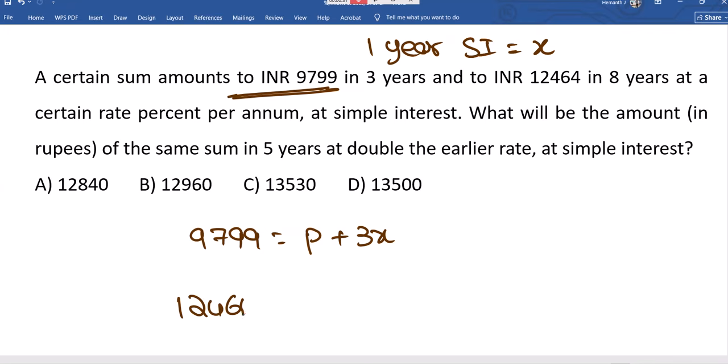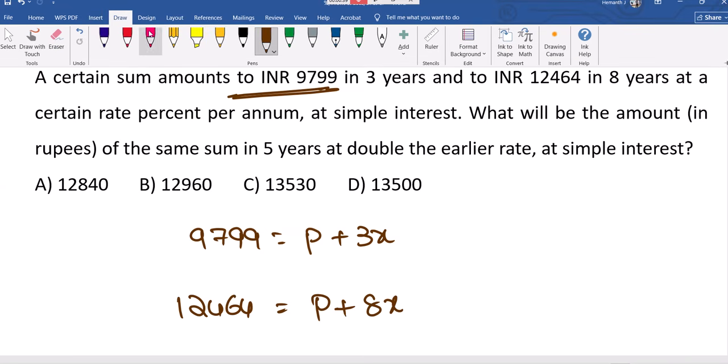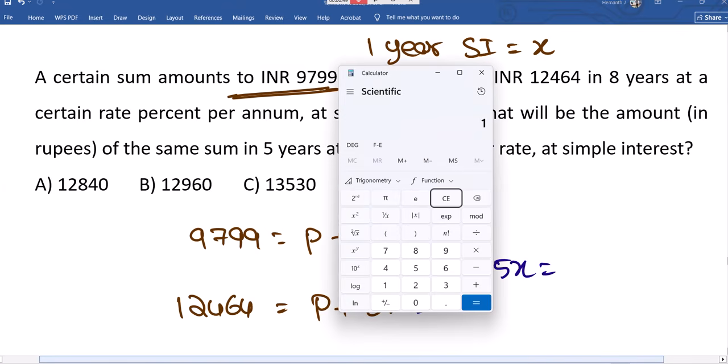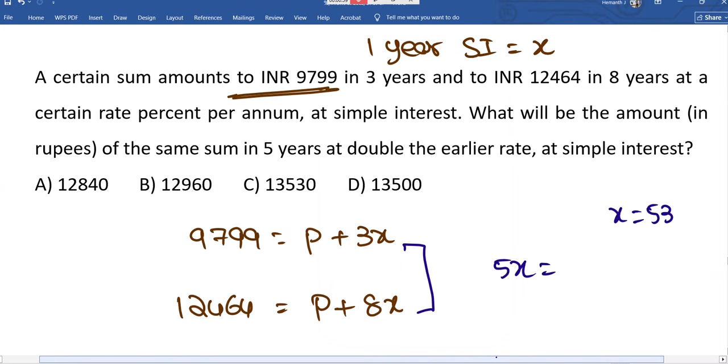Similarly, 12,464 is the principal plus 8 years of interest. Very good. Now you can calculate the 5 years of interest here by subtracting, which gives 5x. For basic calculations, 12,464 minus 9,799 divided by 5, you will get the x value, 533.